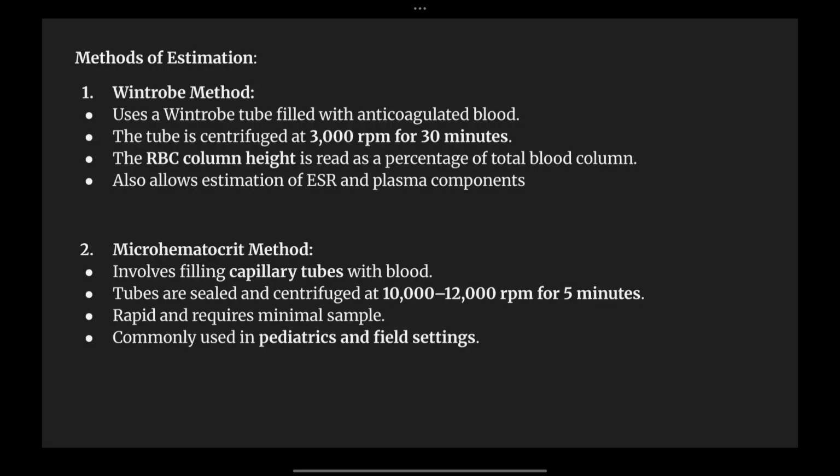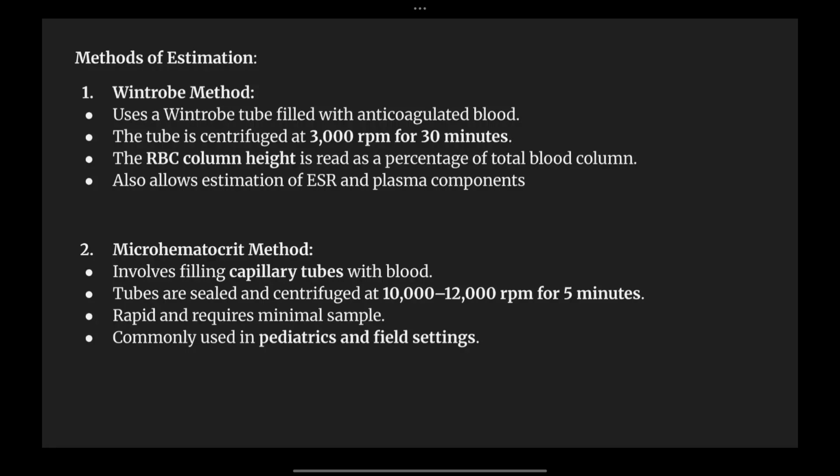Now the microhematocrit method again involves capillary tubes. Note the difference. In the Wintrobe method you use Wintrobe tubes, and in the microhematocrit method you use capillary tubes. The name only says micro. Whenever micro comes, remember capillary tubes. Tubes are sealed and centrifuged at 10,000 to 12,000 RPM for 5 minutes.